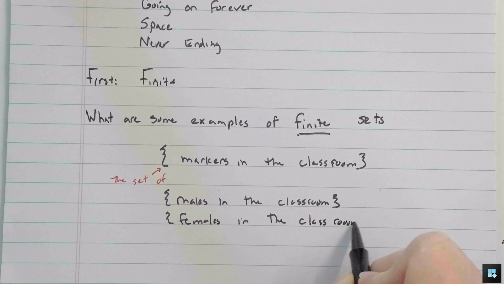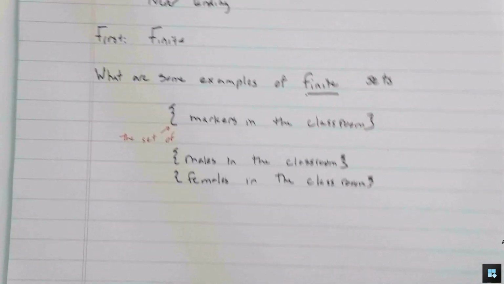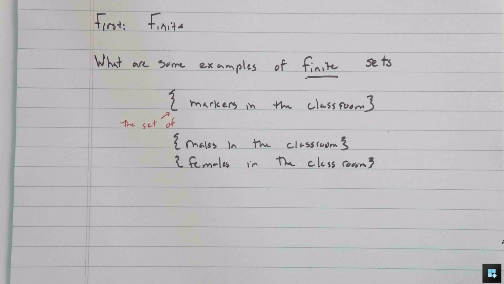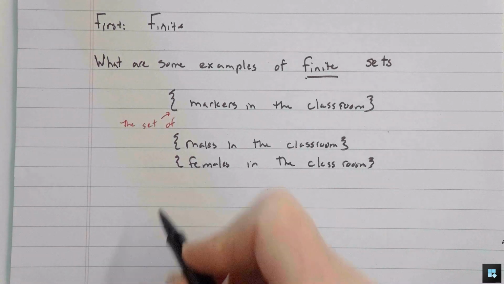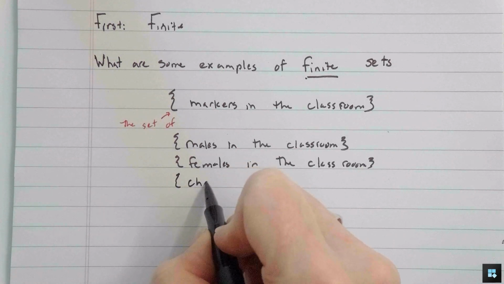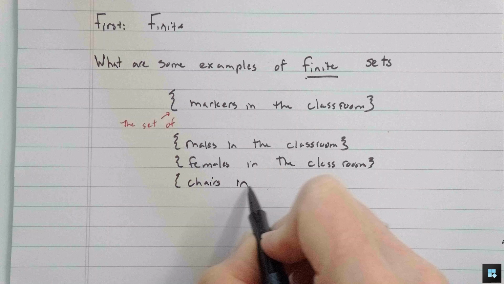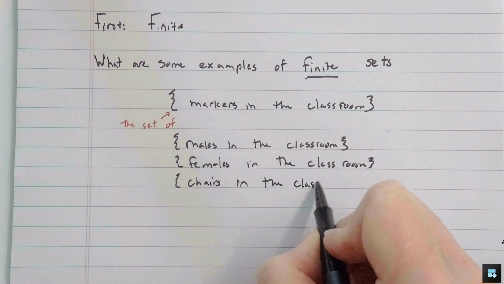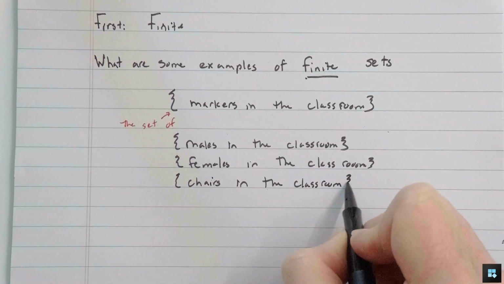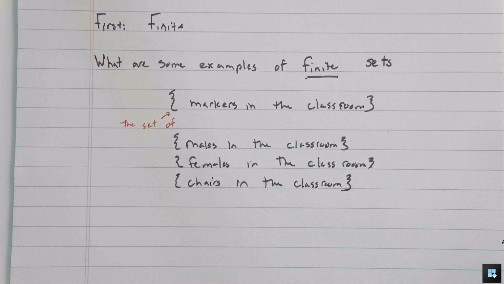Those are both finite sets. Any other examples? Chairs. Chairs in the classroom? There you go. So I think you have a good idea for what finite sets are.